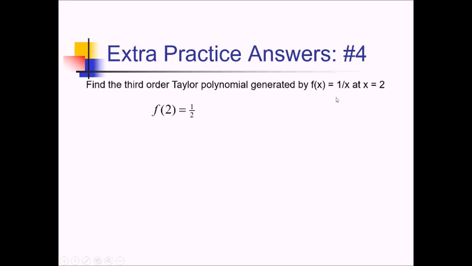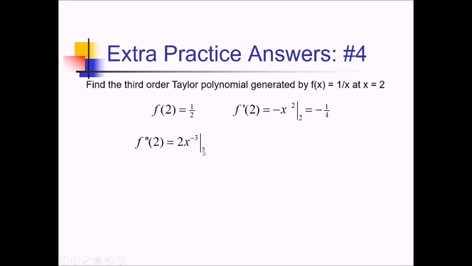So for my first derivative, well, my initial function is really x to the negative 1. So using my power rule, that's negative x to the negative 2, evaluated at 2. So this is really negative 1 over 2 squared, which is negative 1/4. Taking the next derivative now, using my power rule, this is going to be positive 2 x to the negative 3.